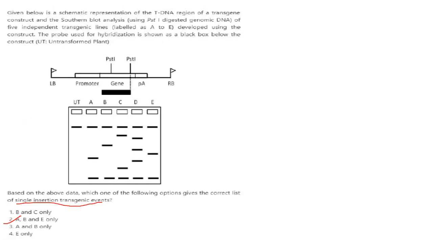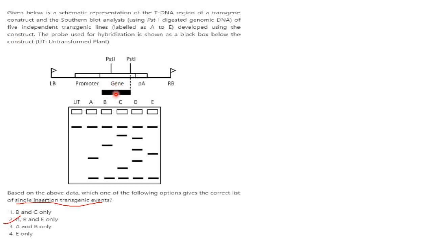Next one. Given below is a schematic representation of the tDNA region of a transgene construct and the southern blot analysis using PST1 digested genomic DNA of 5 independent transgenic lines labeled A to E developed using the construct.